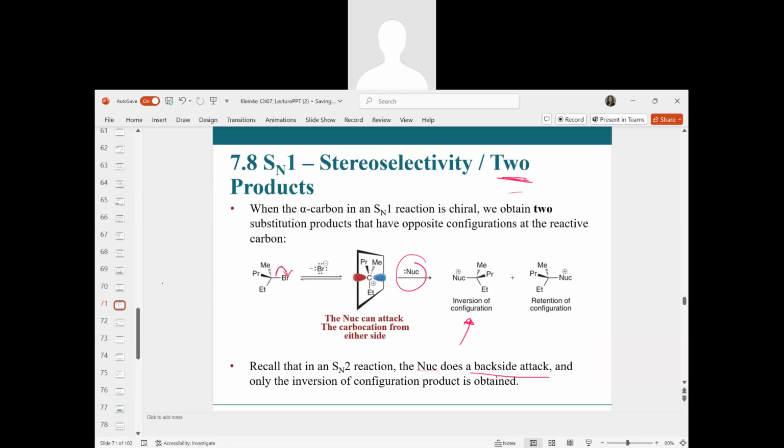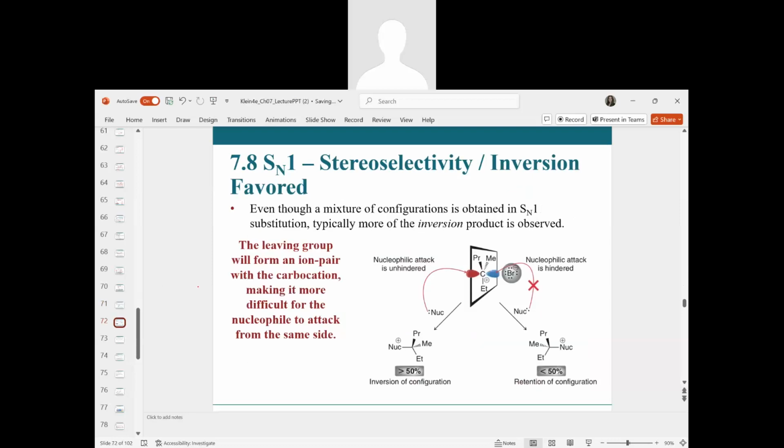Very slightly more so that we see a slight inversion of configuration. So again, even though a mixture of configuration is obtained, we generally say that there's slightly more inversion of product than there is retention of product.